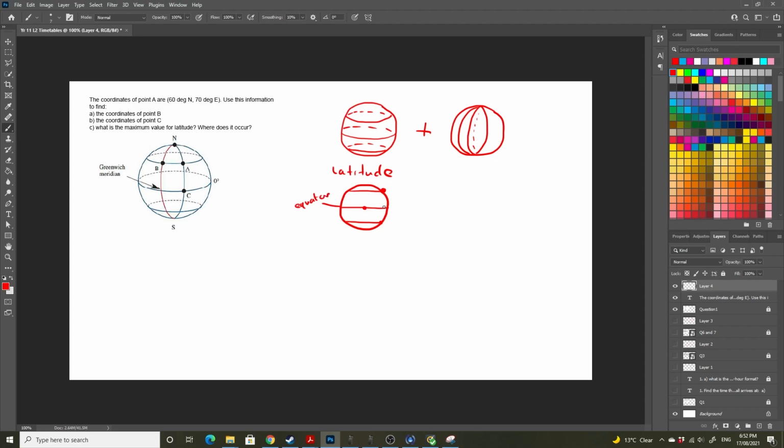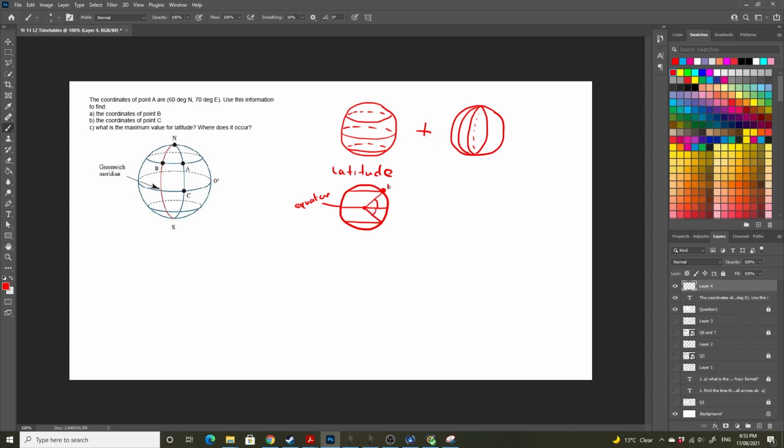The way we define these parallels of latitude is the angle from the center of the Earth between the equator and the parallel of latitude.